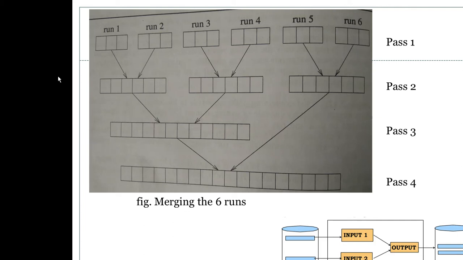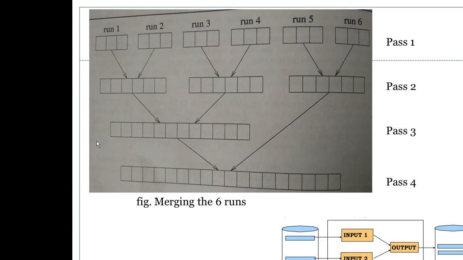In the next pass, the first 2 runs will be considered. Again, by using this block diagram, by this technique, these 2 runs will be merged to become the next run. Okay, and in pass 4, this run will be compared with this run, and then we'll get the final output in pass 4.